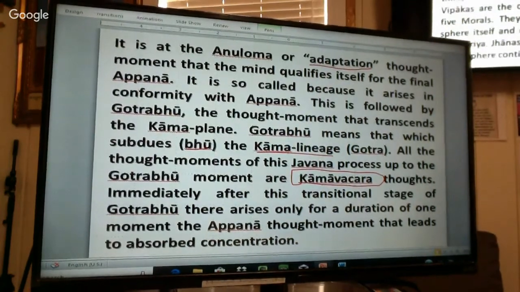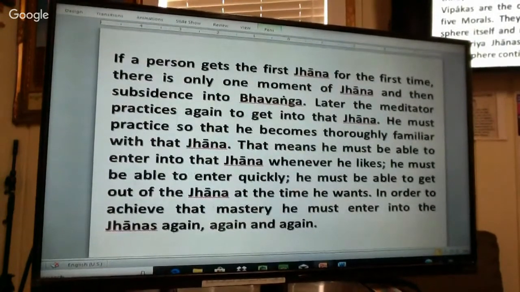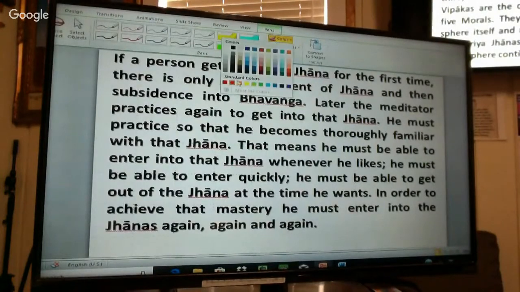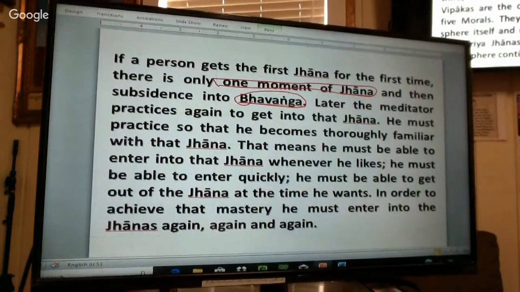Okay, so we go to the next one. If a person gets the first jhana for the first time, there is only one moment of the jhana. So you need to understand, not many times. Just once, jhana chitta, javana chitta, and then it passes to the bhavanga chitta.